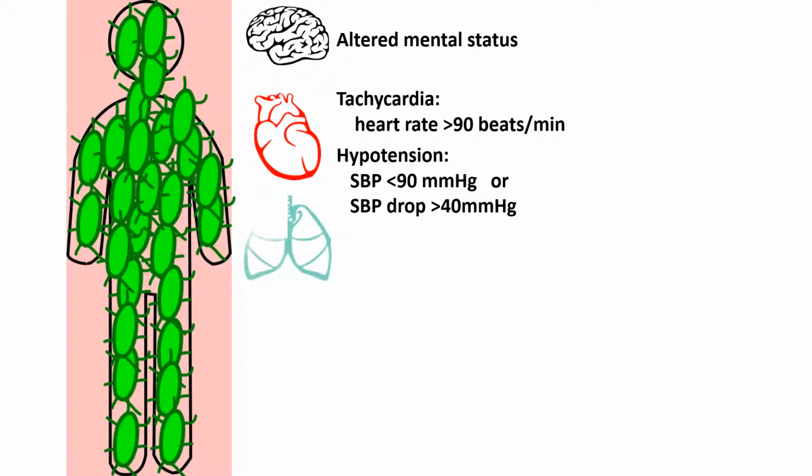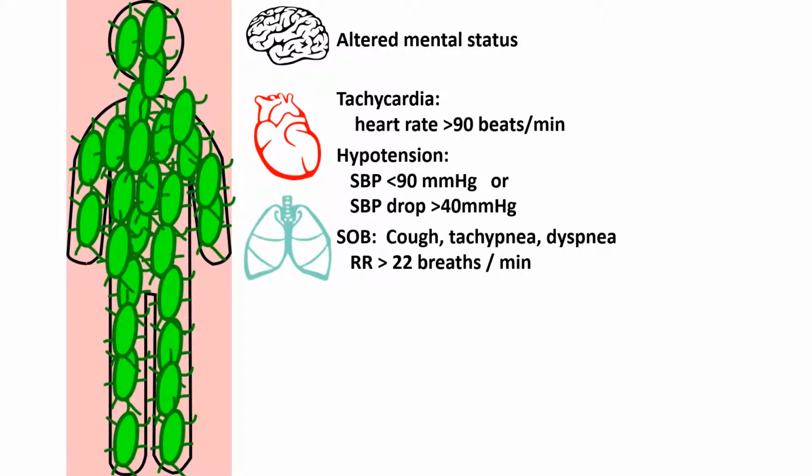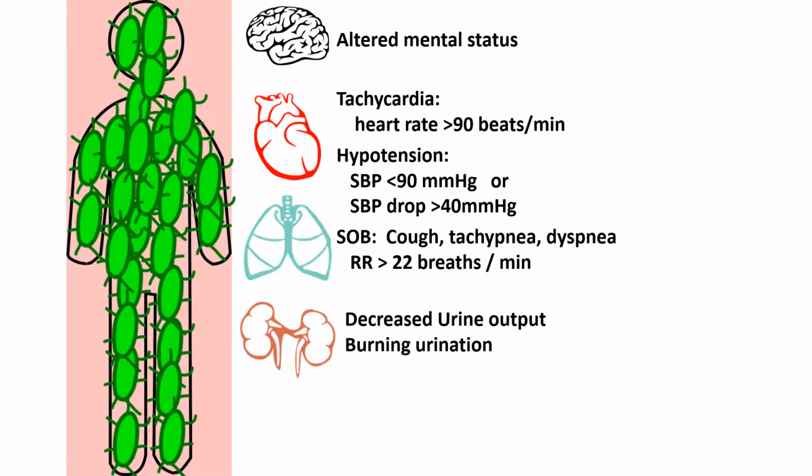Huge drop. It will also cause shortness of breath, tachypnea, and then difficulty breathing. So the respiration will become over 22 breaths per minute. It can also decrease urine output. The patient may feel burning urinations.